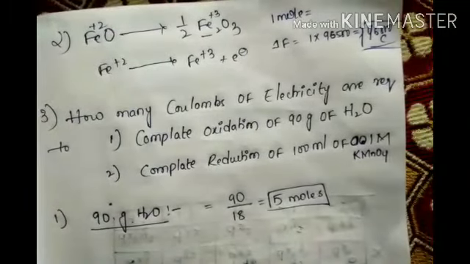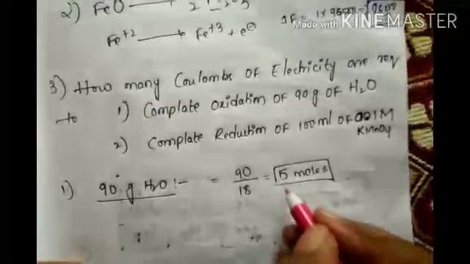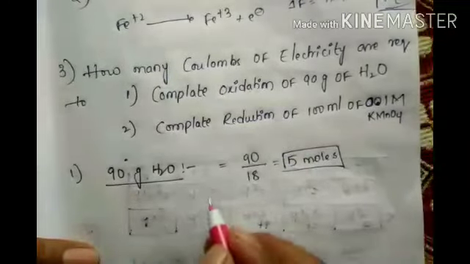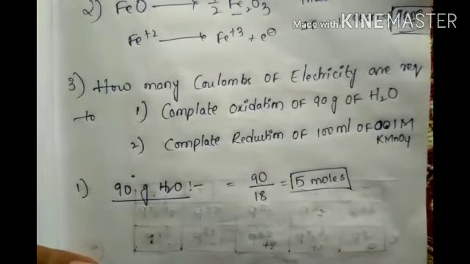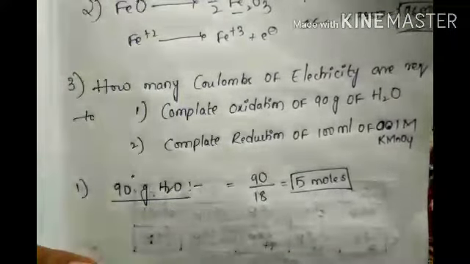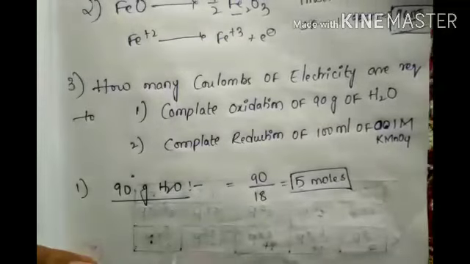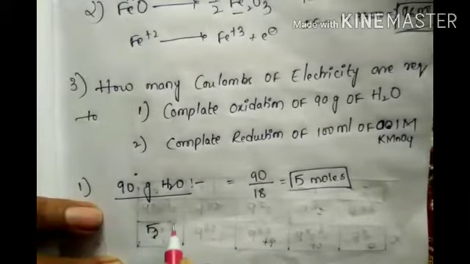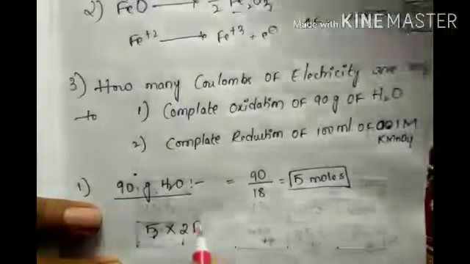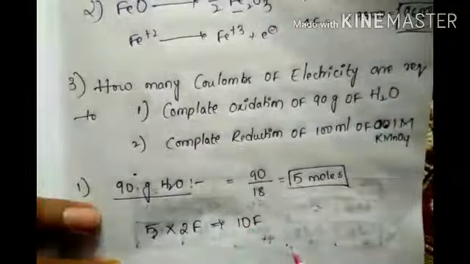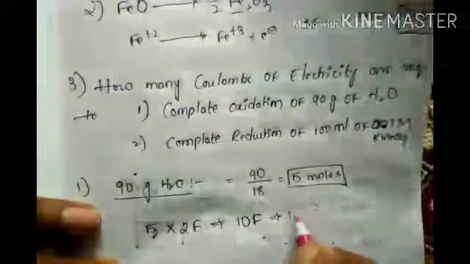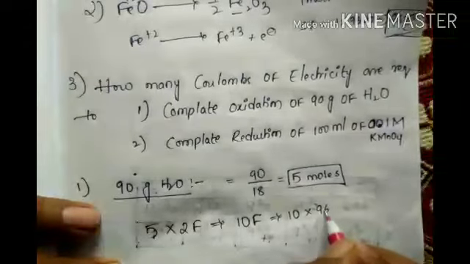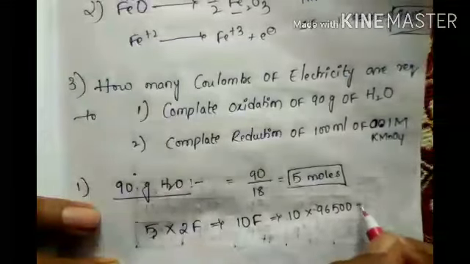So each 1 mole, how much is needed? As in the previous problem, each water molecule requires 2F of electricity. So for 5 moles, how much is needed? 2F each, so simply 10F. 10F means 10 into 96500.